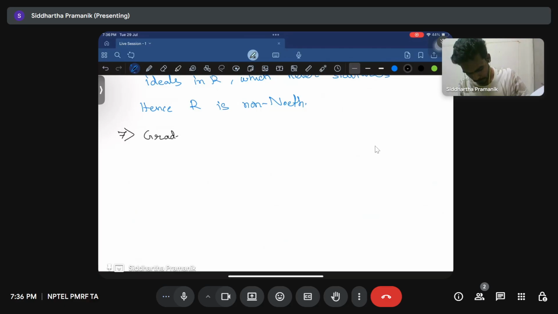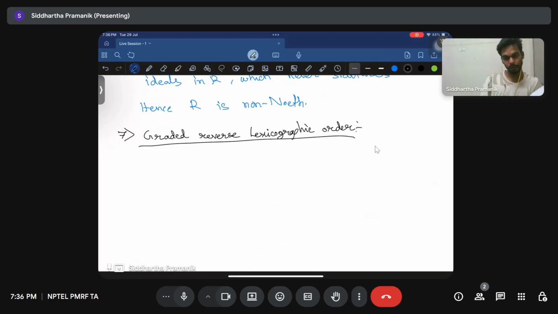So how is it defined? You take one polynomial. So recall that our ring is k[x1, x2, up to xn].